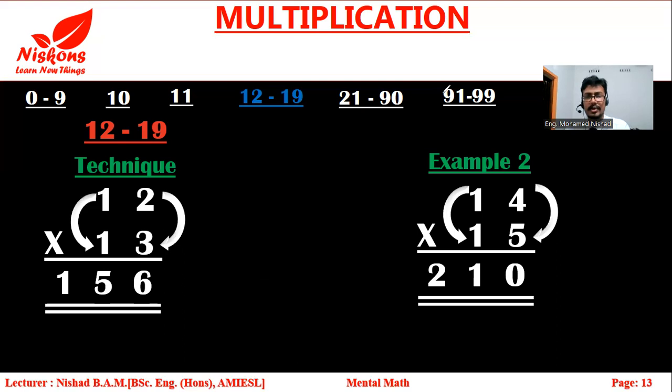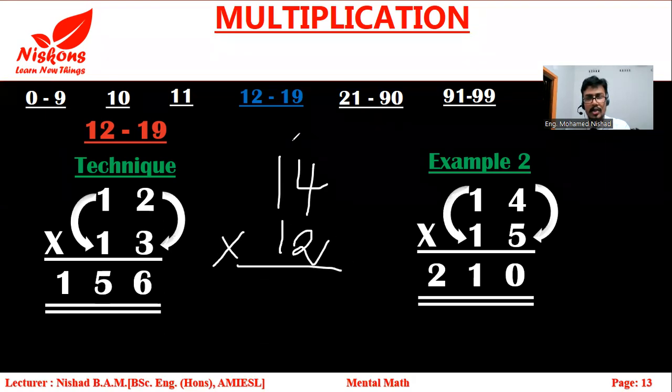Right. Sir, can you explain this technique, please? Yeah, maybe. As an example, if you are going to multiply 14 times 12, it's very simple. You have to make sure that both the numbers lie within this range, right? Otherwise, it will not work.